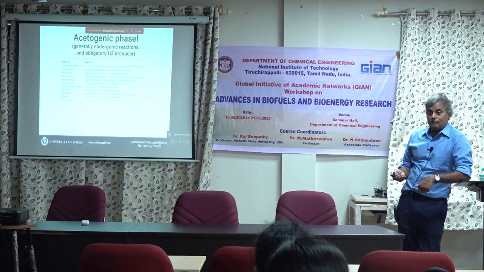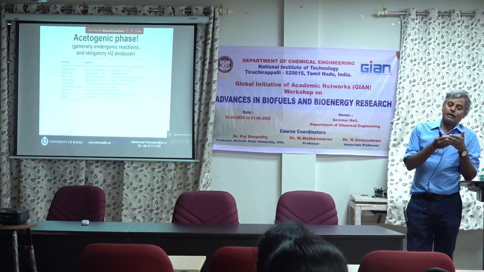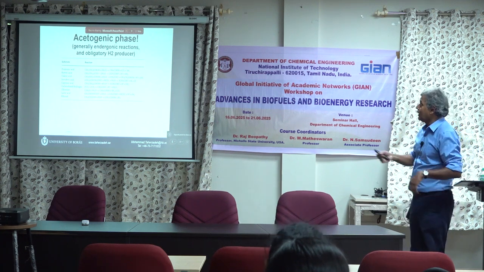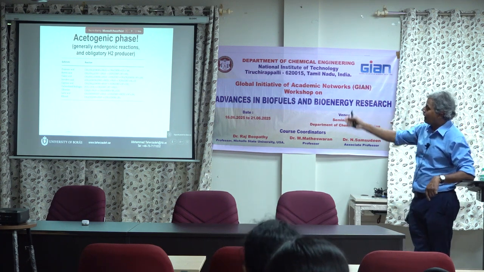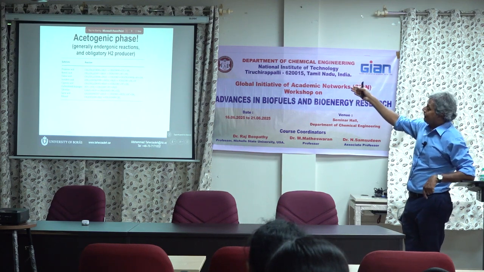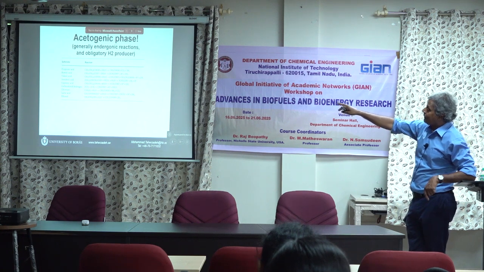Then in the acetogenic phase, the bacteria convert propionic, butyric and valeric acid to acetic acid. Okay, and those are the chemical reactions of all the acids you can produce, including ethanol, during your hydrolytic phase and acidogenic phase, and then the reactions involved in breaking down each of those acids to make acetic acid.